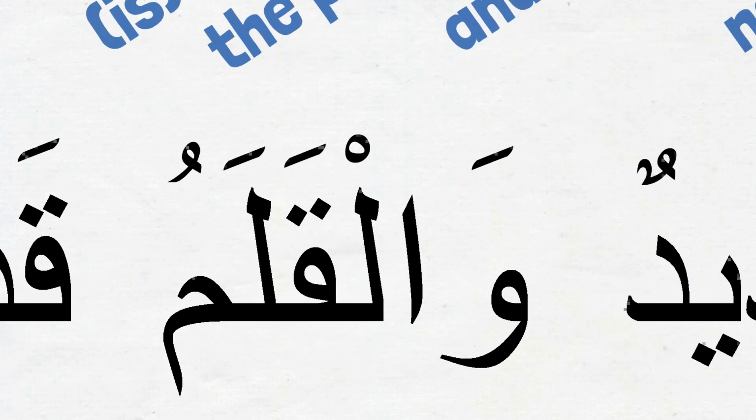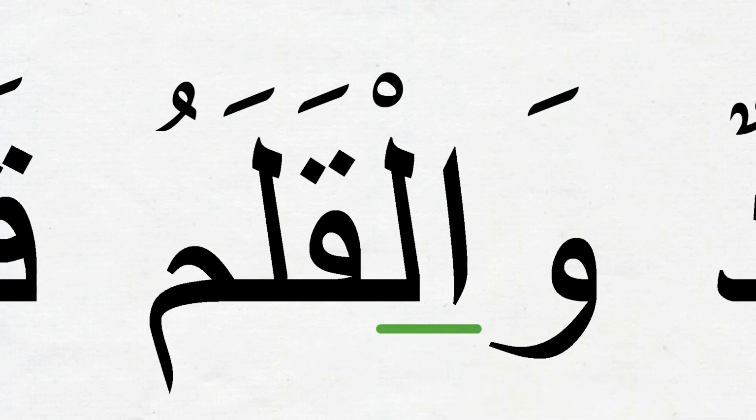Also notice here that when the prefix al is preceded by a word, the a sound of al is not pronounced. If we read the word by itself, we read it as al-qalamu. But when we add wa to it, we read it as wal-qalamu, not wa al-qalamu, but wal-qalamu.